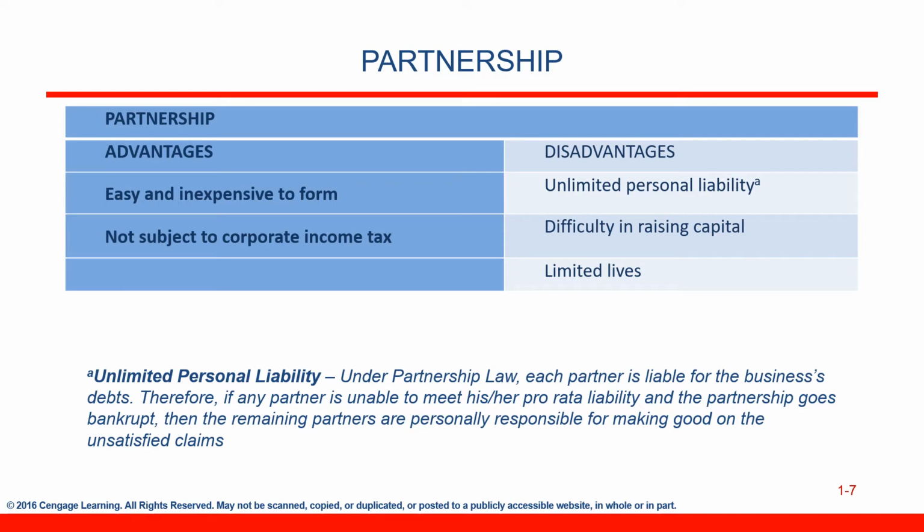And if one partner is unable to meet his pro rata liability, the remaining partner will pay the creditor. So meaning it's not only on the partnership assets, but the creditors can run through their personal properties. Okay, that's unlimited personal liability.